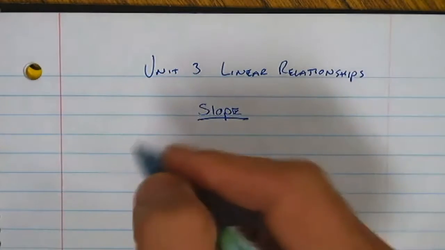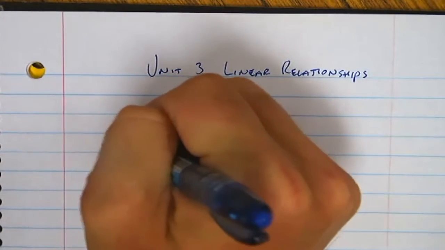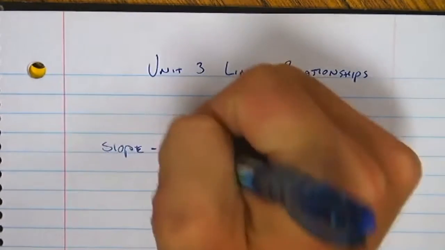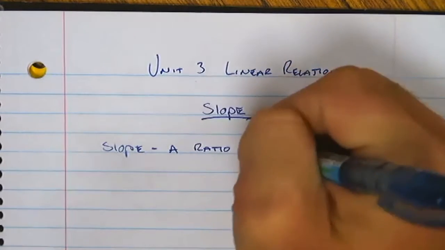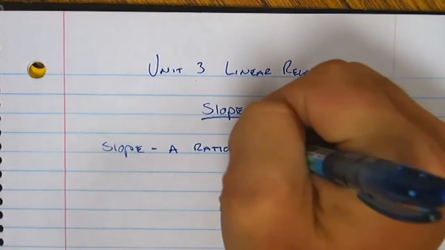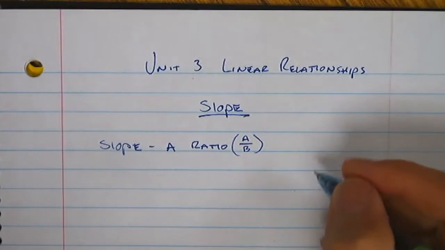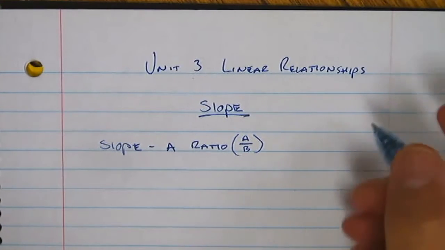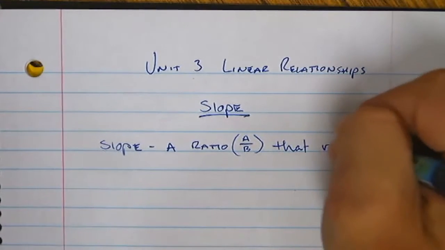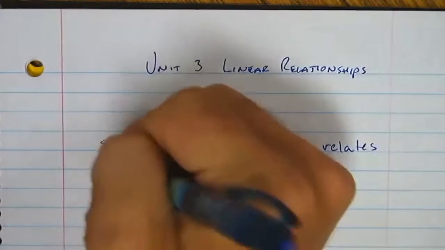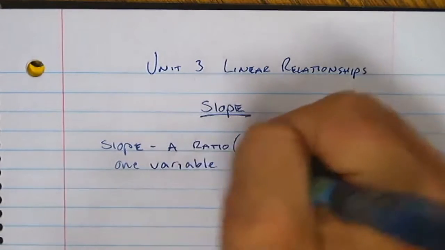So just to define slope for future purposes, slope is a ratio. It's always going to be in a fraction form, so it's going to have a numerator and a denominator. A ratio that relates one variable to another.